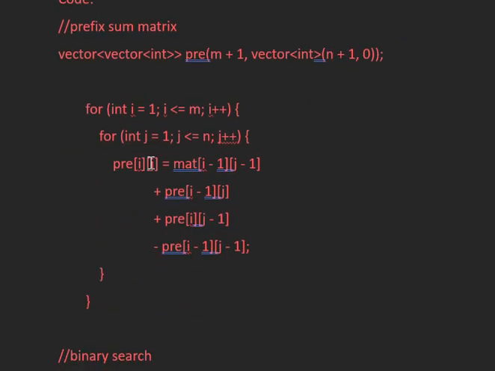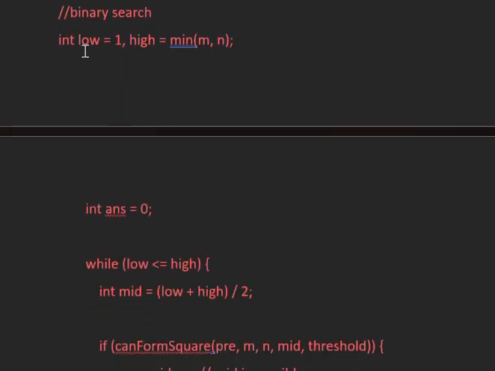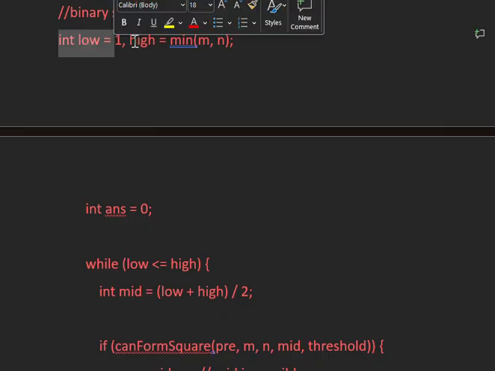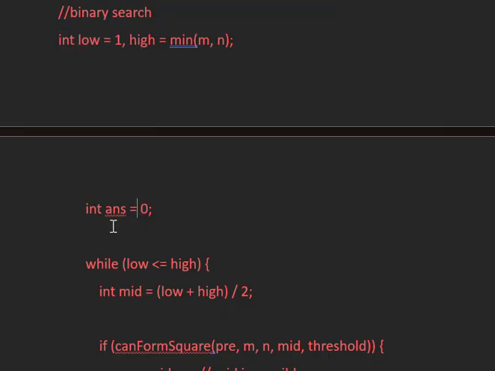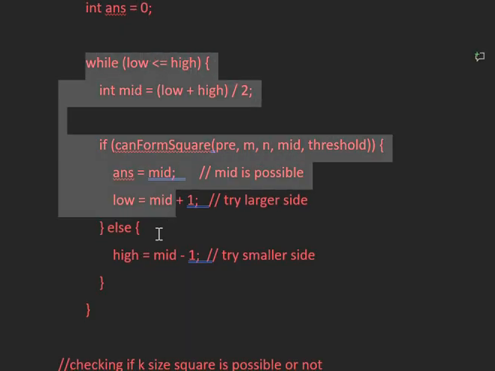Next we will be seeing the code. First of all, we will be making a prefix sum matrix. We declare a vector, and then using two loops and the formula, we compute the prefix sum matrix. After the prefix sum matrix, we take the low pointer and high pointer, and an answer variable to store the side, and then apply binary search.